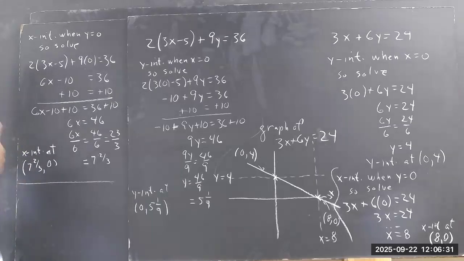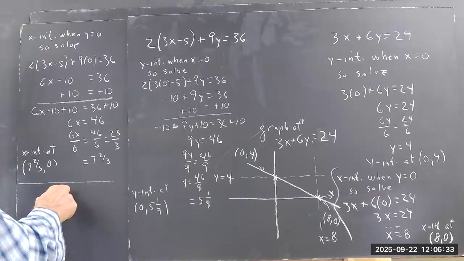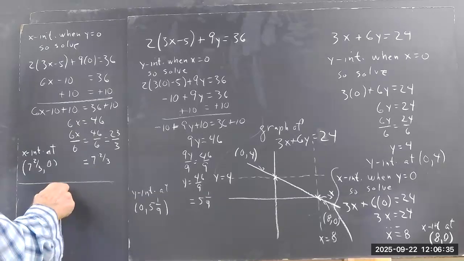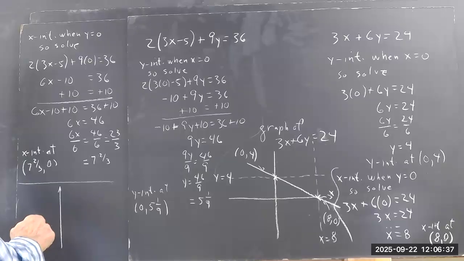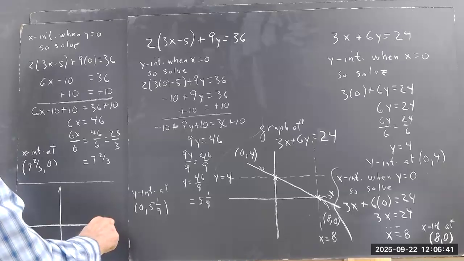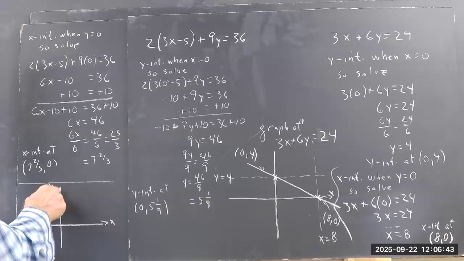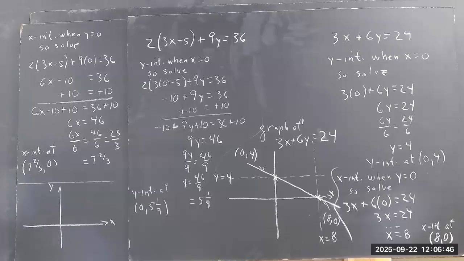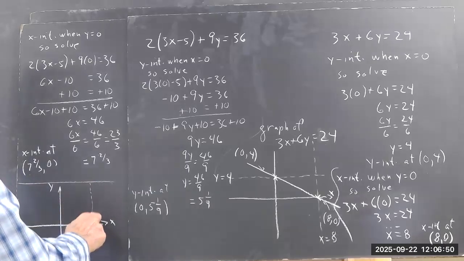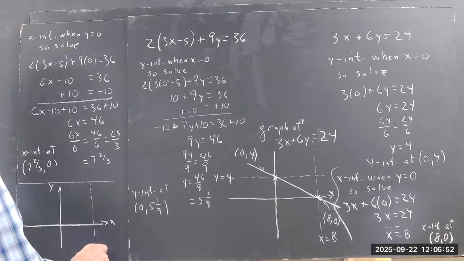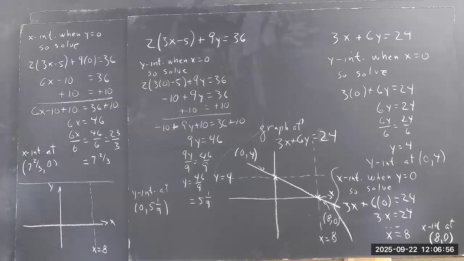We need, I'm not going to draw a line for x equals 7 2/3. I'm going to draw a line for x equals 8. And 7 2/3 is really close to 8.